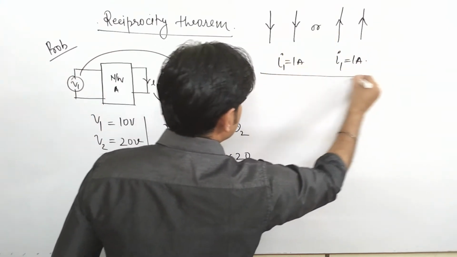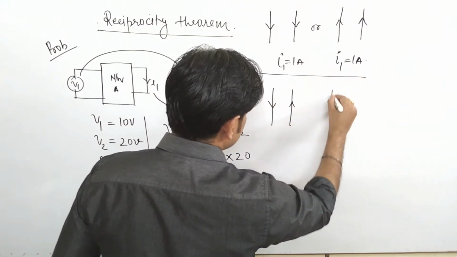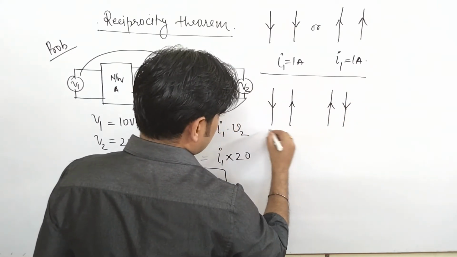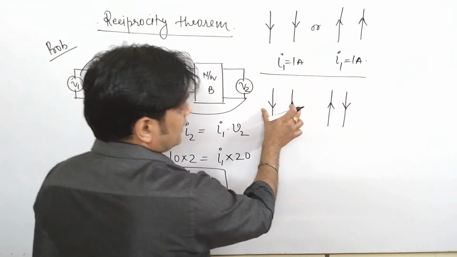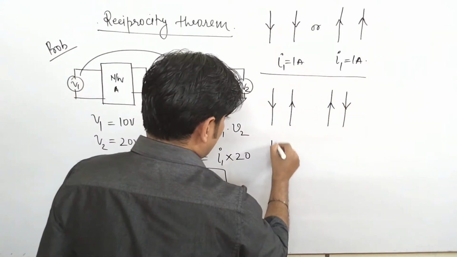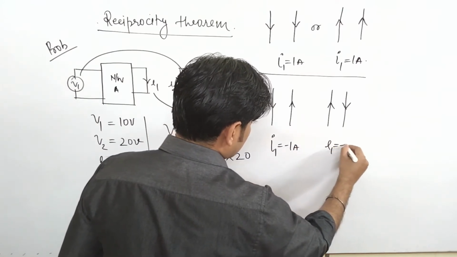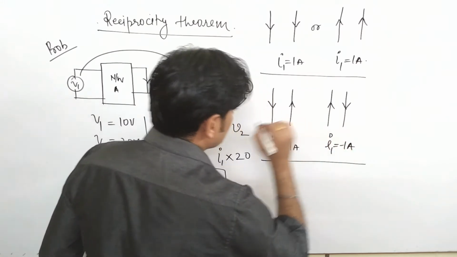This is just a condition. However, if it is in this manner, again it is a different condition and the directions of the currents are opposite to each other. Under this condition I1 comes to be minus 1 ampere and here also I1 comes to be minus 1 ampere. Please keep in mind, very important concept.